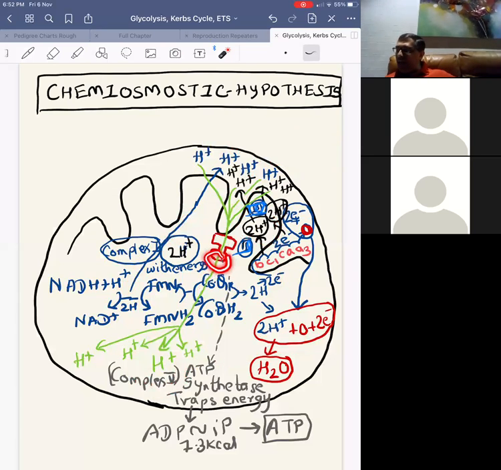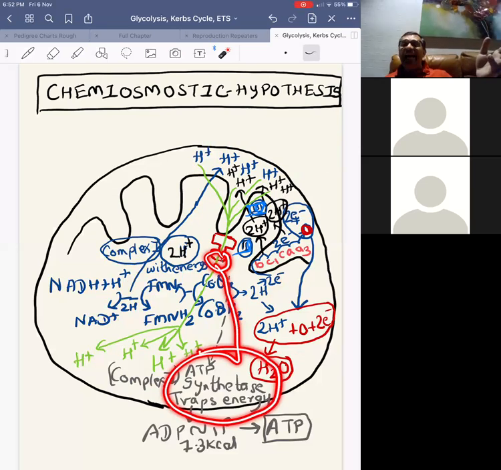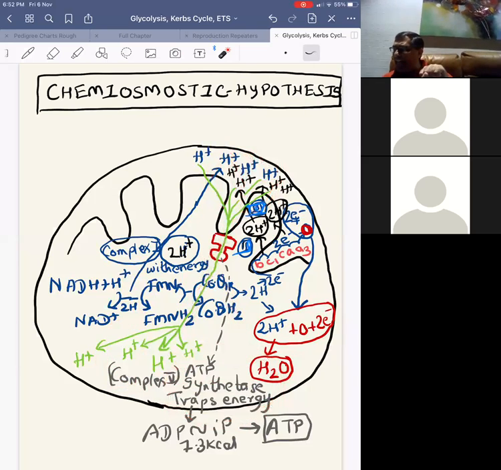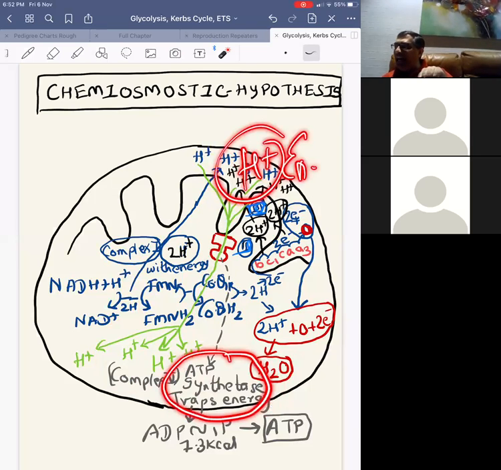In the F1 particle is present enzyme called ATP synthase. And while the proton is returning back into the matrix, ATP synthase enzyme traps that energy. तो प्रोटॉन की एनर्जी is trapped by ATP synthase.